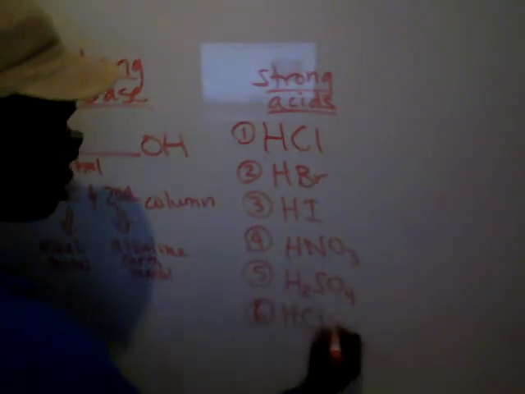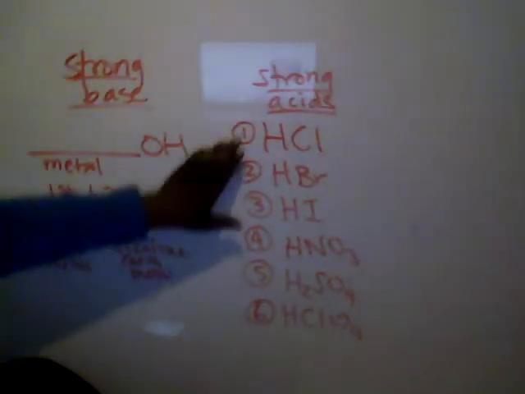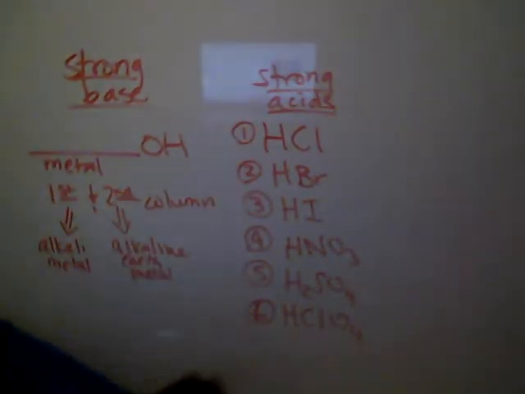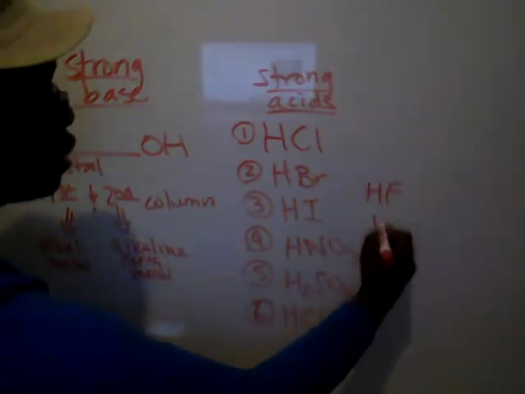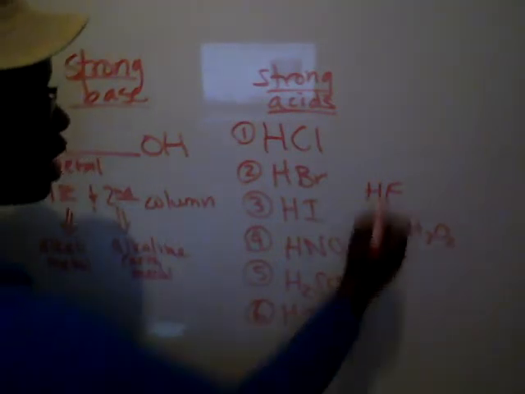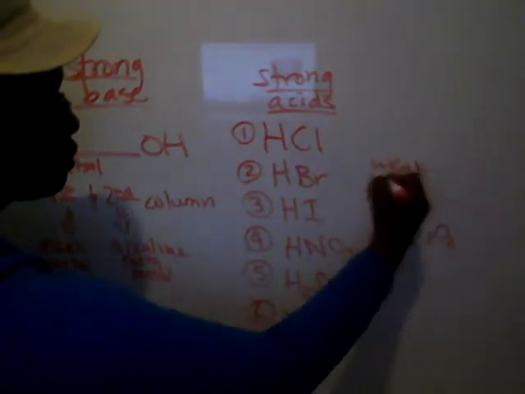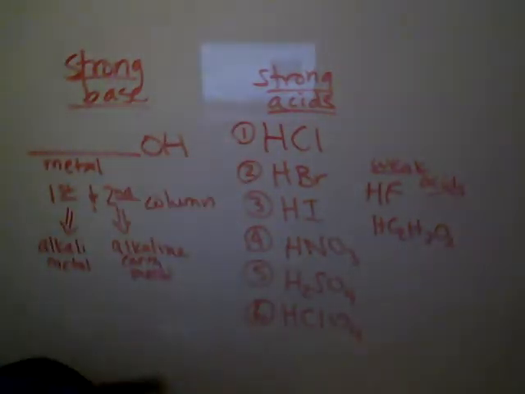That's HClO4. So you will definitely need to know that these are the 6 strong acids. If it's not one of these 6, so if they give you something like HF or HC2H3O2, which is acetic acid or vinegar, these are weak acids.